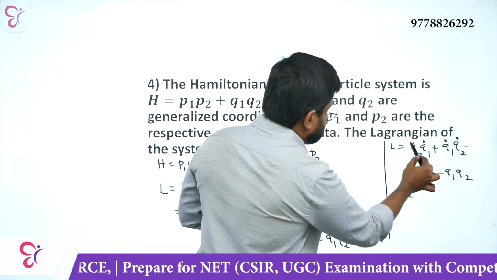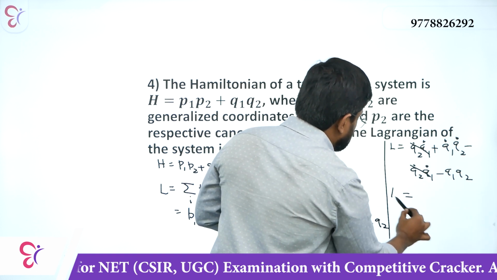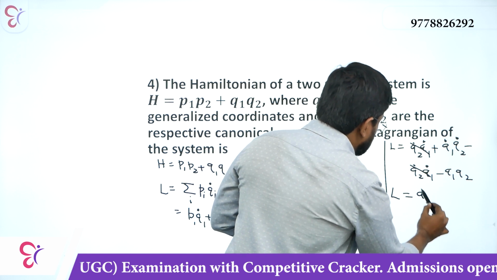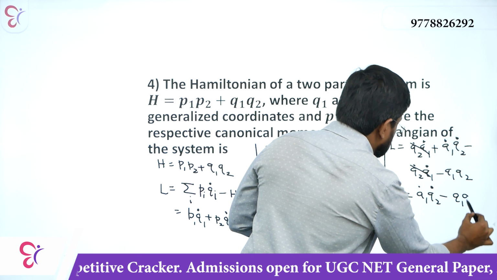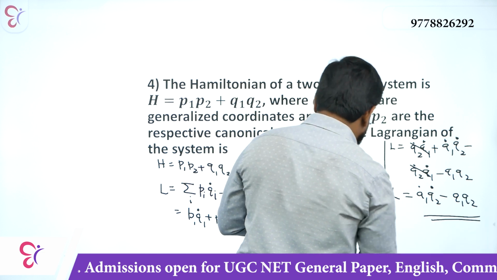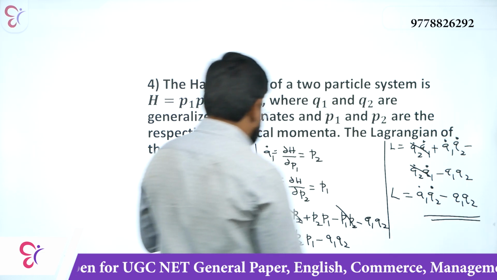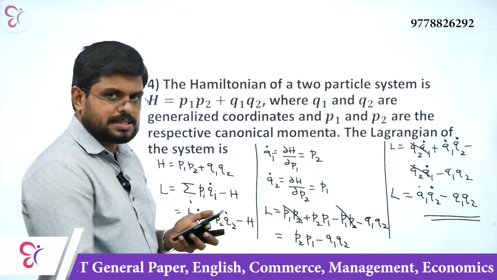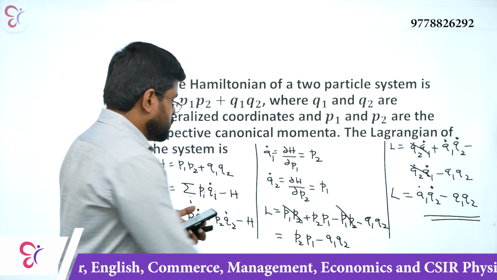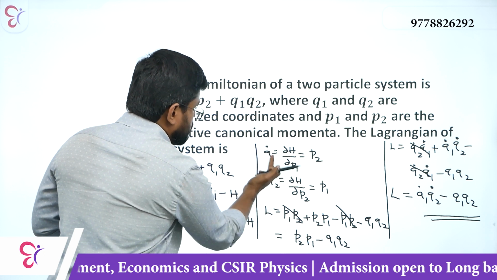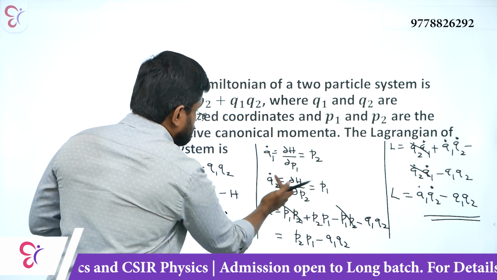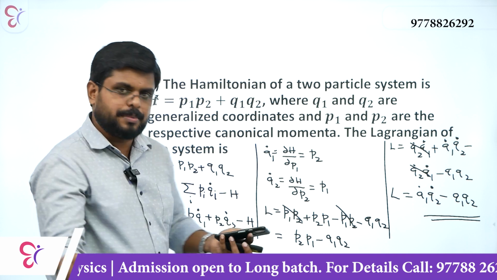So Q2 dot Q1 dot cancels, and the Lagrangian L is equal to Q1 dot Q2 dot minus Q1 Q2. So that is the answer. Clear? So this is also the answer. If you replace P2 with Q1 dot and P1 with Q2 dot, then you will get the same answer.